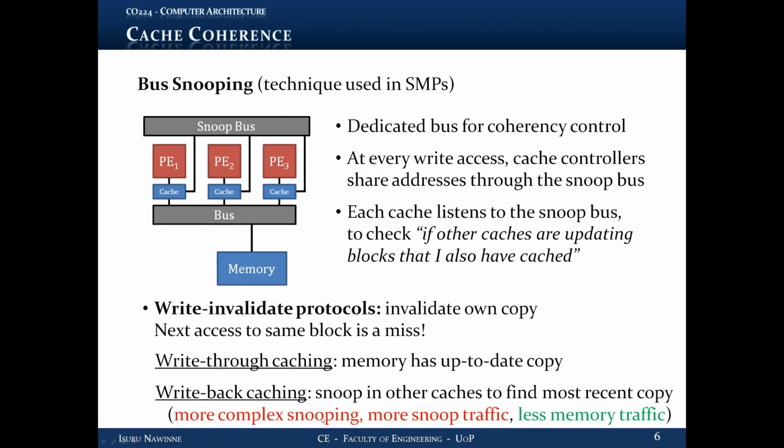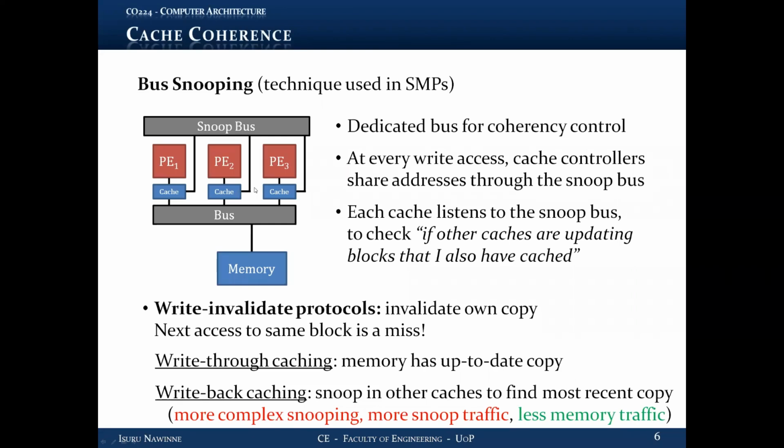So your cache controller is going to be more complex, and you're going to have more traffic on the snoop bus. You're going to have to supply data on the snoop bus as well as those invalidation addresses, right? So your snoop bus hardware is going to be increased. You need more width on the bus to accommodate data as well as addresses, and more control signals going through the snoop bus as well.